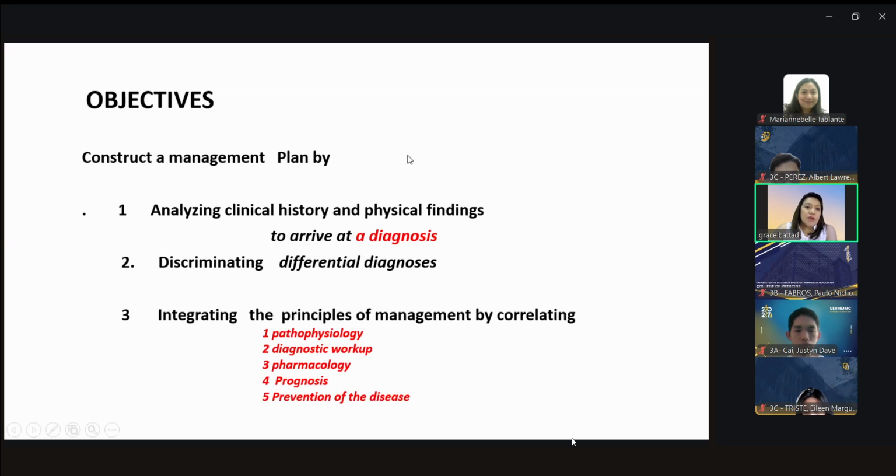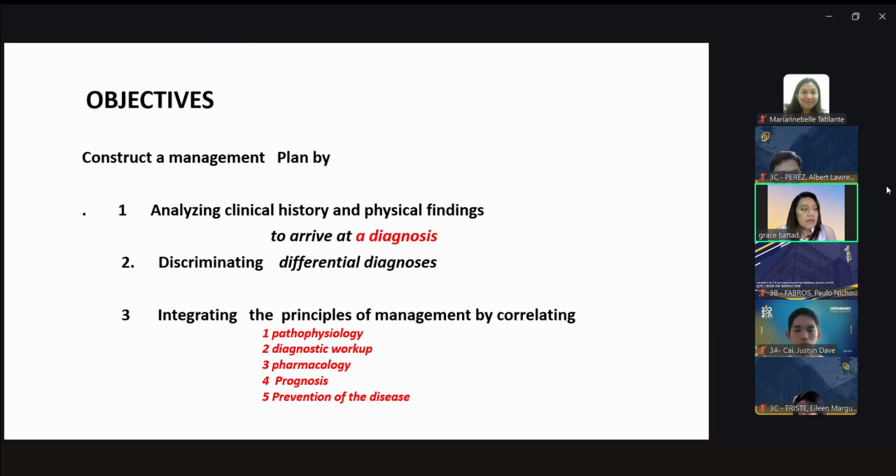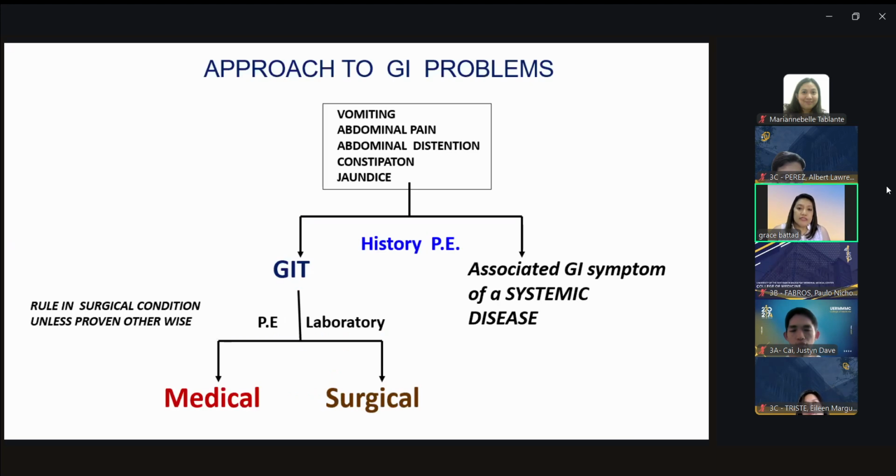Our objective is to arrive at a pediatric diagnosis on GI diseases, basing it on the clinical history and physical data that you gather, and to discriminate the diagnosis and the differential diagnosis. We will integrate the principles of management by correlating pathophysiology, diagnostic workup, pharmacology, prognosis, and prevention of the disease.